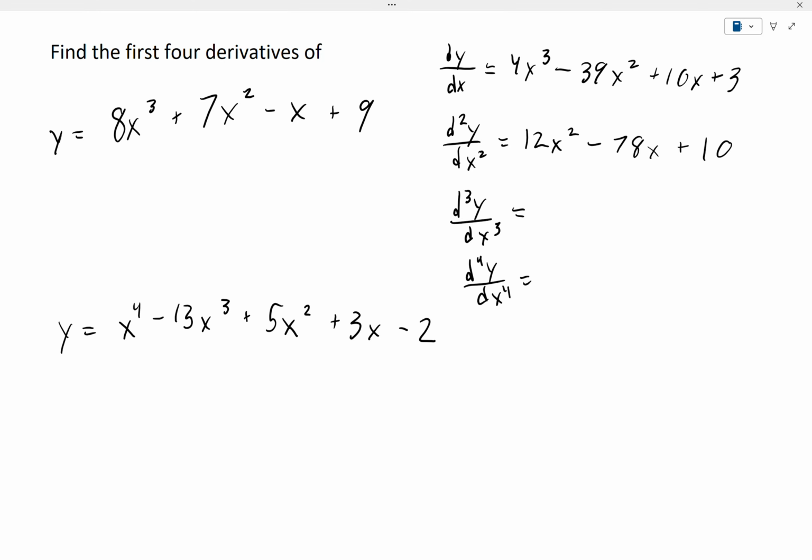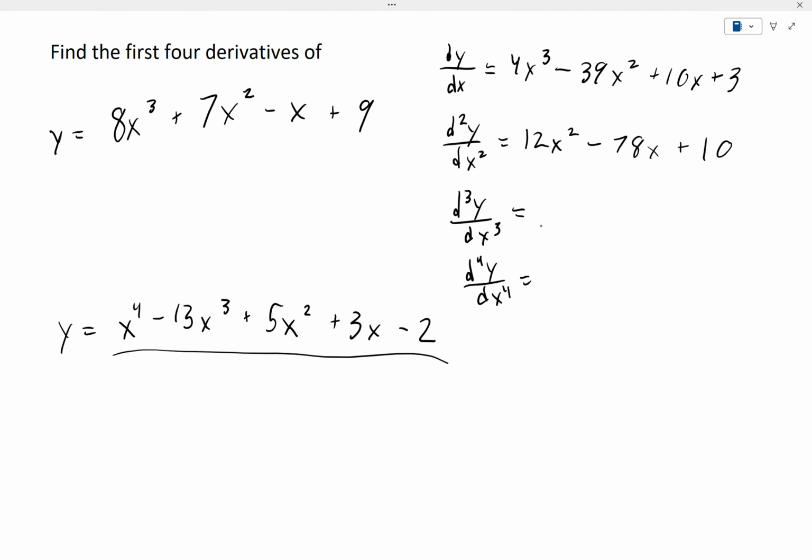So you can see that each time also, since the powers of x originally were each one smaller than the other in our original equation here, see how it's x to the fourth, x to the third, x squared, x, and finally you could say x to the 0, just a constant. Each time that we take the derivative, since it's set up this way where x decreases by 1 the whole way through the polynomial, we're going to be cutting off a term each time we take the derivative.